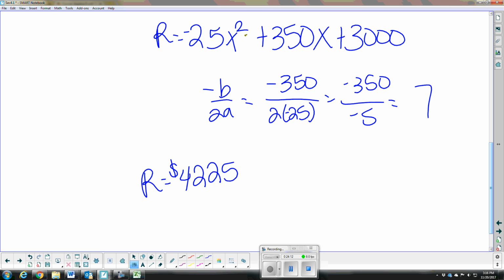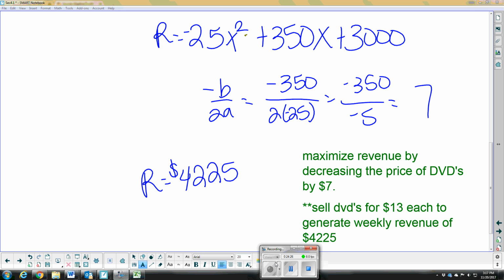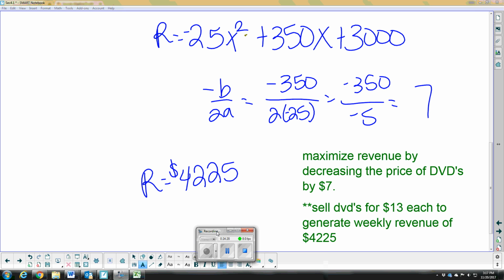It says, how can we maximize revenue? So in this case, we would just say that we can maximize revenue by decreasing the price of DVDs by $7. So we sell DVDs for $13 each to generate weekly revenue of $4,225.